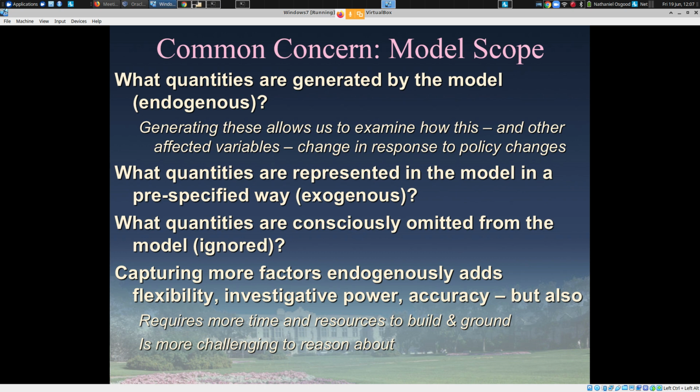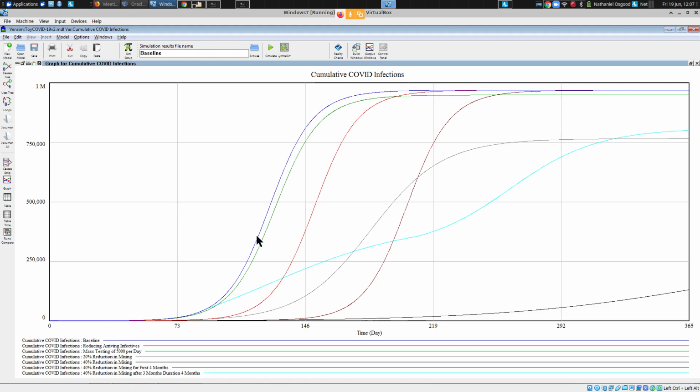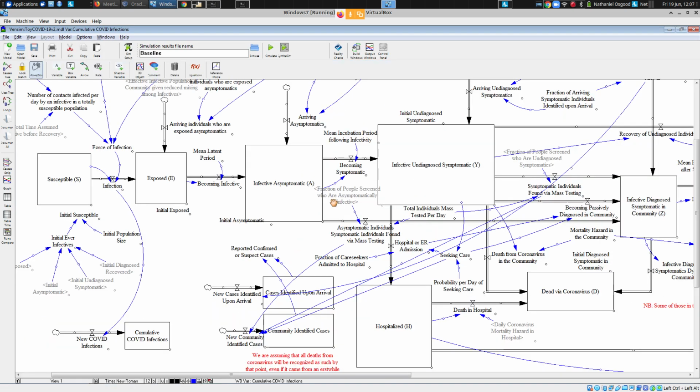There are three fundamental areas where you might say that a given factor about the world is treated by a model, or how it's represented by a model. Classes of representation.